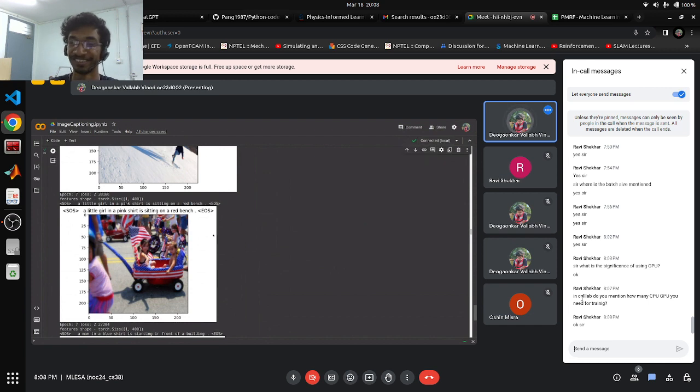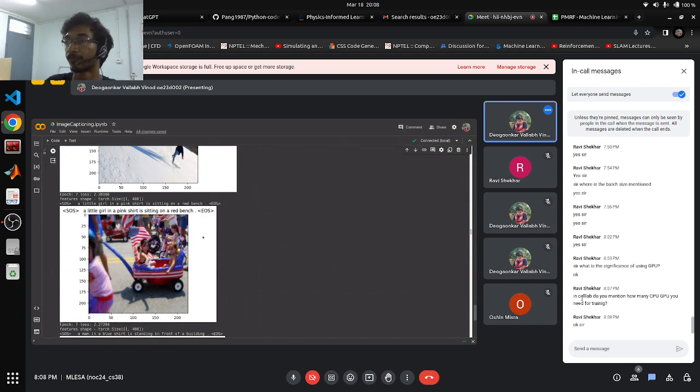In fact, that is the thing. If any of you eventually try to train this on Colab, it will take very long. If you have a GPU on your system, you can use that.